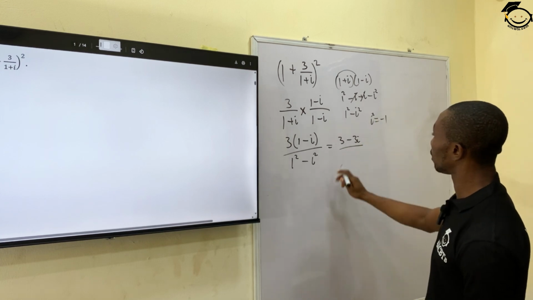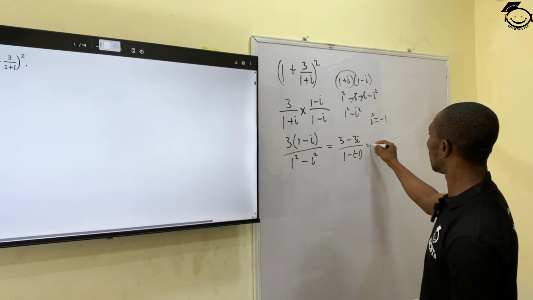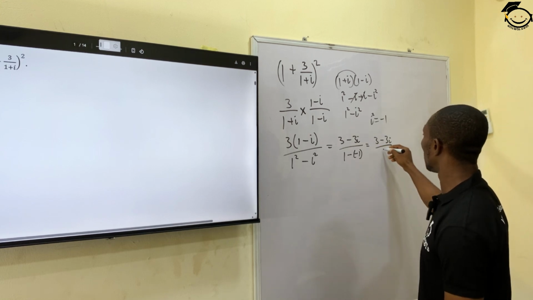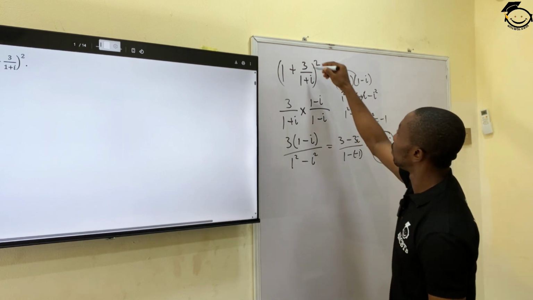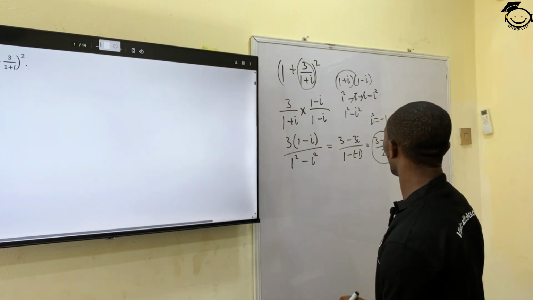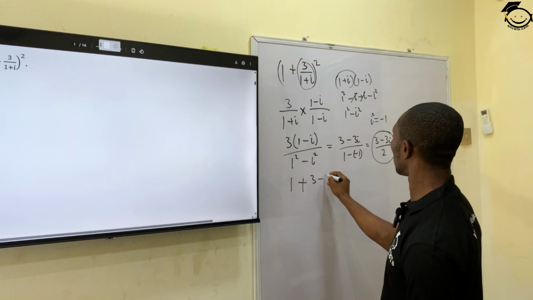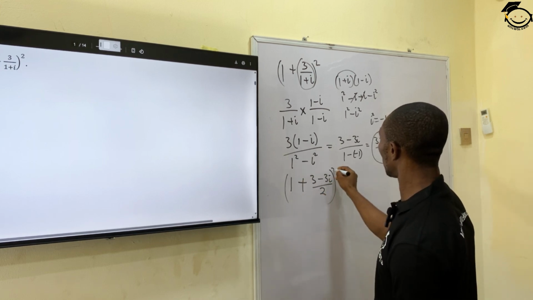So substituting that value here, this becomes 1 minus minus 1, which leaves us with 3 minus 3i all over 2. Okay, now we are going to replace this value for this. All right, so this becomes 1 plus 3 minus 3i all over 2, all squared.